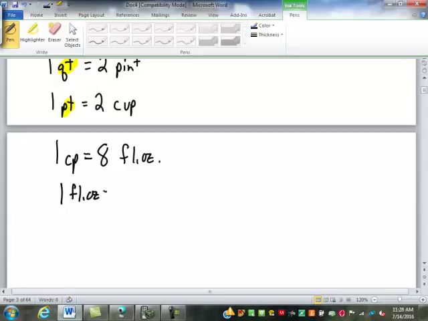Smaller than a fluid ounce, we have tablespoon. Anybody know how many tablespoons are in a fluid ounce? 2, right? Probably more people know that there's 16 tablespoons in a cup. So 2 times 8 makes the 16. There's 2 tablespoons in the fluid ounces.